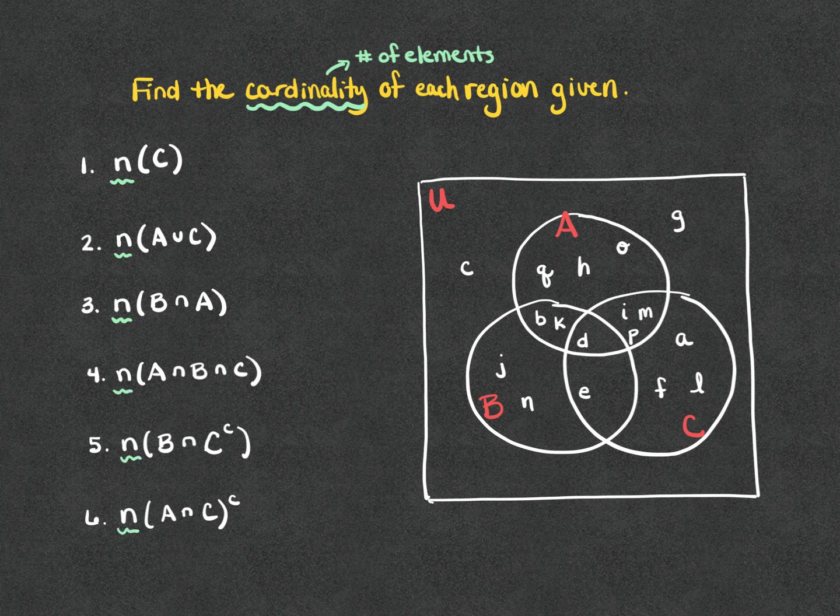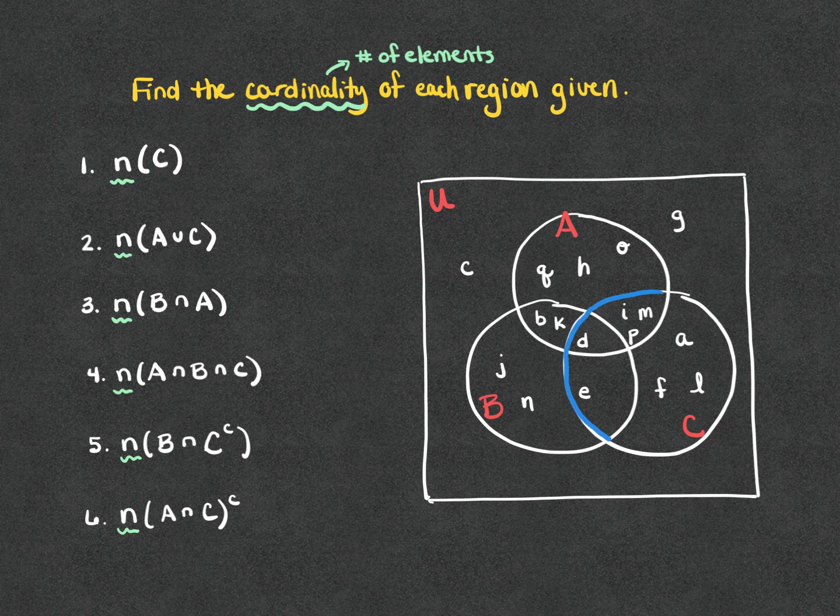And I like that we use the letter N to represent the cardinality because I like to think of that N as saying the number of things in set, for number one, C. What is the number of elements or the number of objects, or in this case, the number of letters in set C? And so that's what we're going to be doing, is counting how many things are in each of these sets.